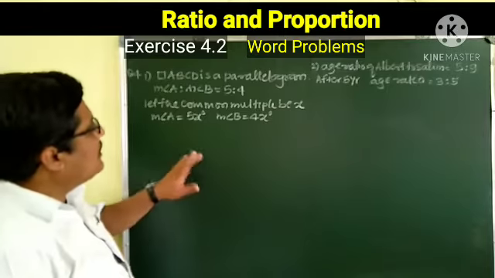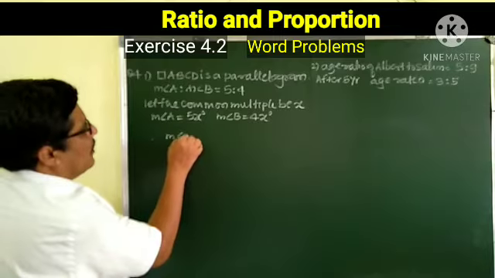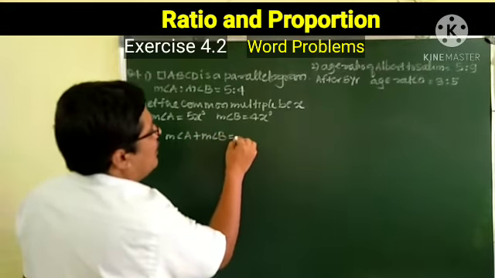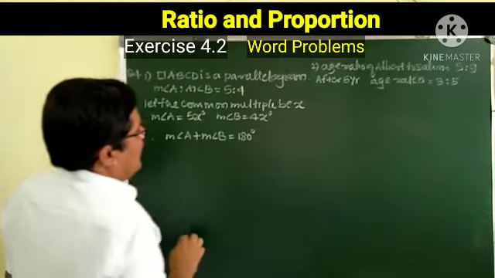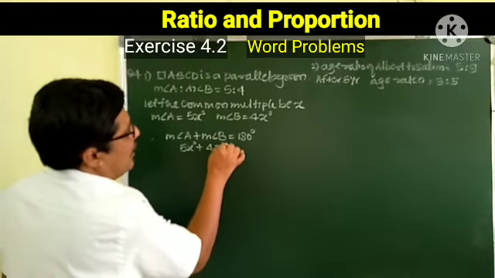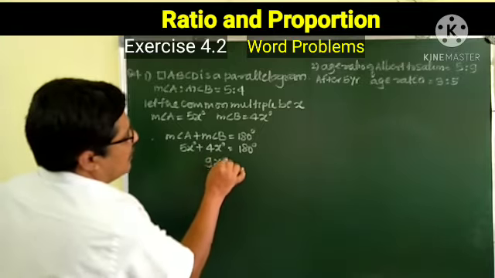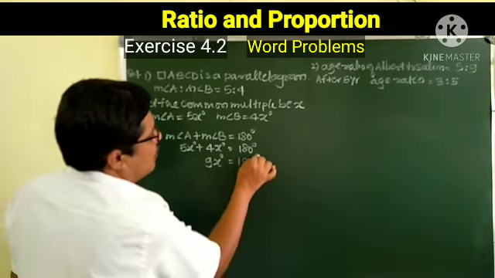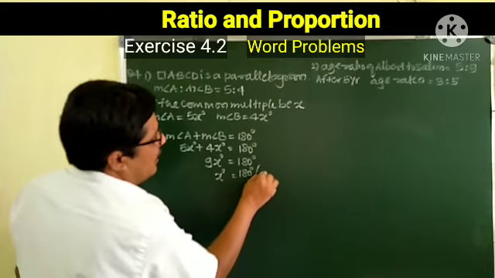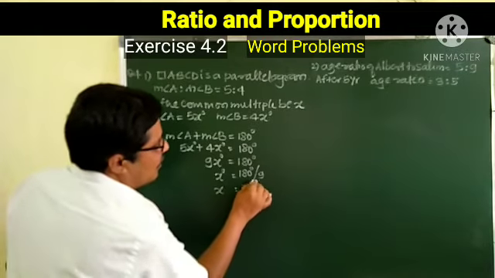We know adjacent angles are supplementary. Therefore we can write measure of angle A plus measure of angle B is equal to 180. So 5x plus 4x is equal to 180, that is 9x is equal to 180. x is equal to 180 upon 9, that is x is equal to 20.